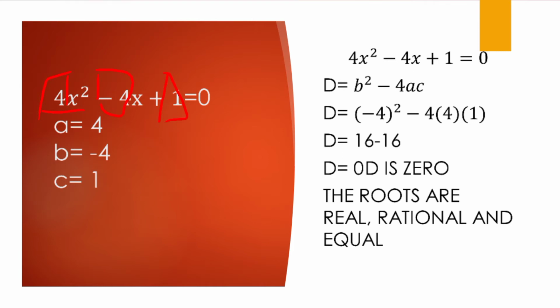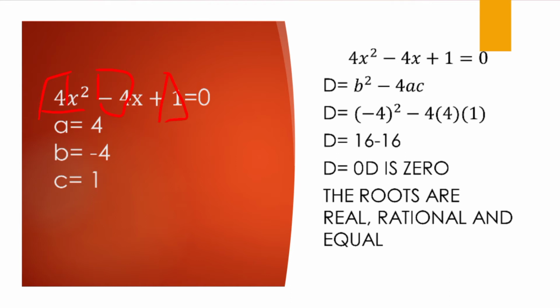So we are going to substitute the given values of A, B, and C sa discriminant na B squared minus 4AC. So B squared is negative 4 squared minus 4 times 4, which is the value of A, and 1, the value of C. So negative 4 squared is 16 minus 4 times 4 times 1 is 16.